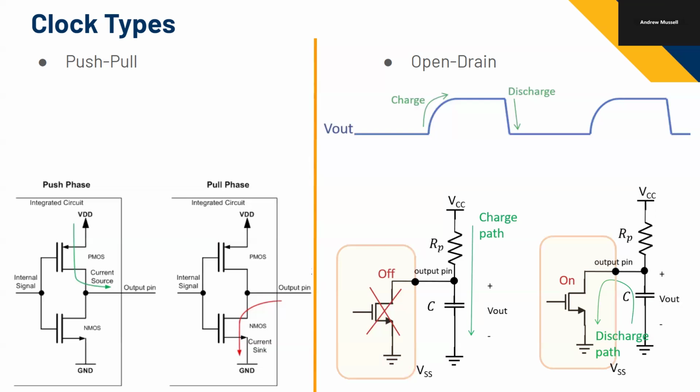So the RDS on is basically when the switch is fully on, it looks like a resistor. So you can look at that value and see how much power you're going to be dissipating. Yeah, there's a lot more if you read the specs of the two, but that's some surface level ones. Yeah, Allison.